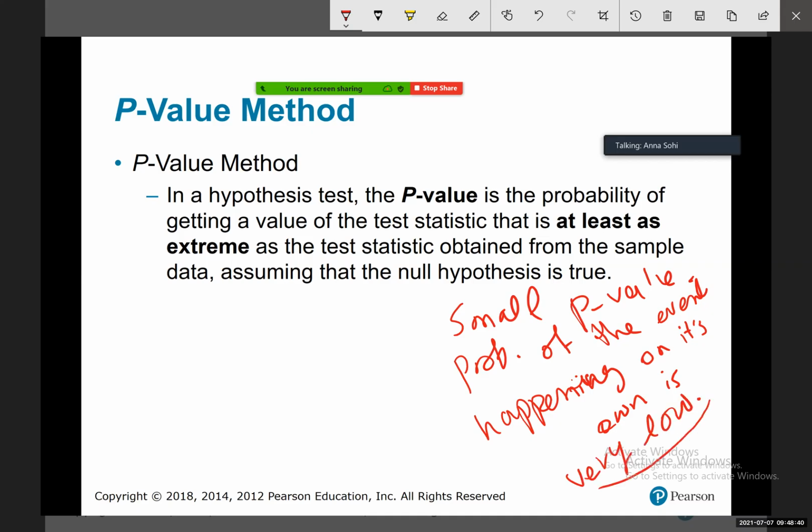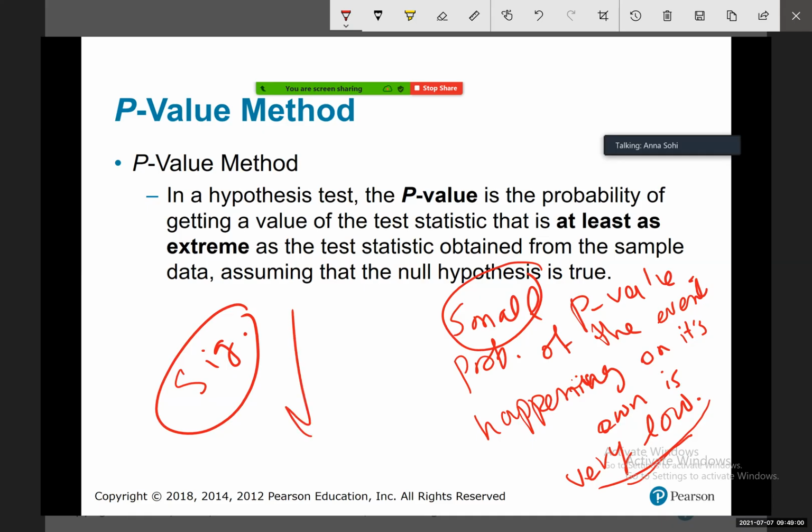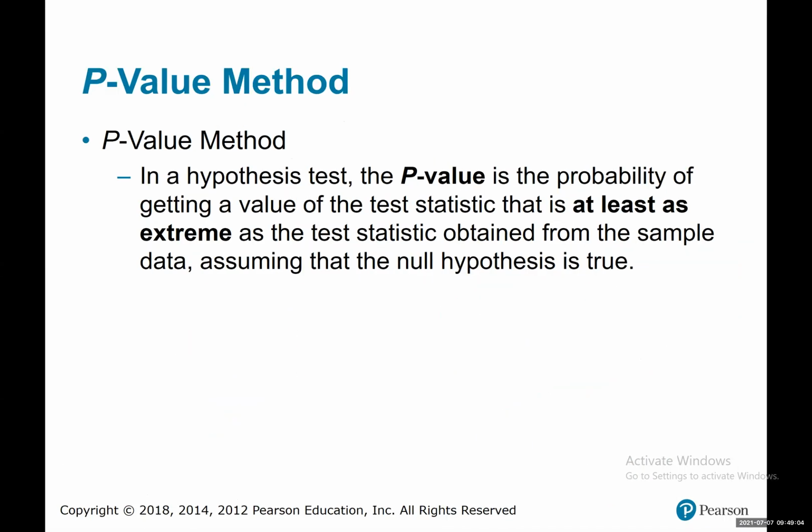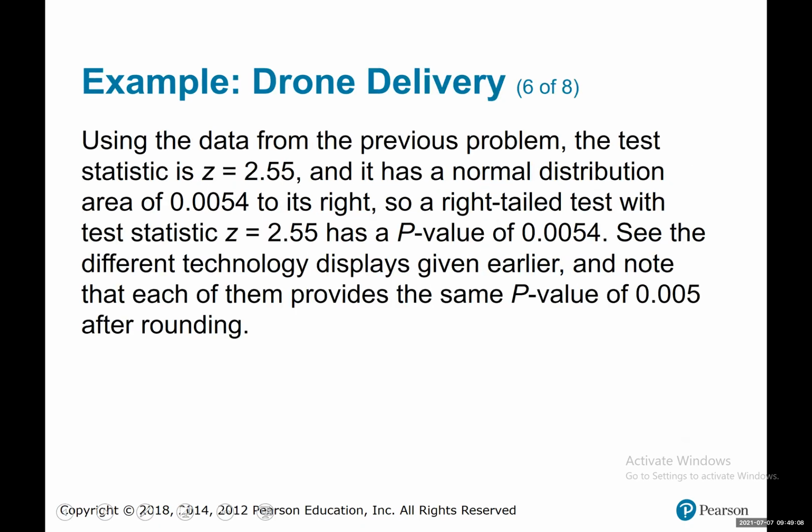So that means if it's happening on its own is low, then it's significant. Large p-value means this event is probable to happen, so it's not significant. But a small p-value means happening on its own is very low, so it is significant. And I suggest that you watch the video that I put on the modules. Okay.